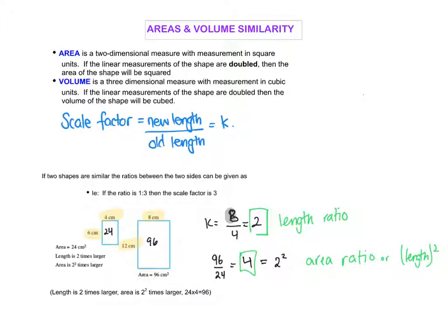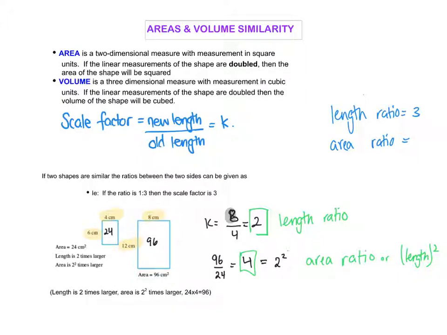So what if I said the length ratio of my similar figures is 3, what do you think the area ratio will be? How many times bigger do you reckon? Have a guess.